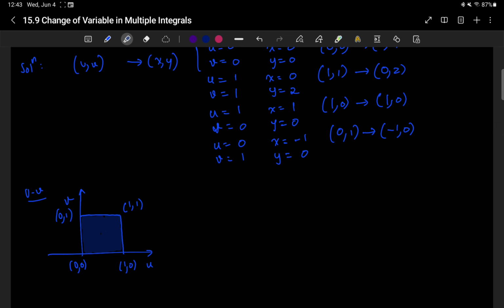So what we do in this case is we are going to break this down into sides. So we will look at this side, call it S1, then this side S2, then this side S3, and lastly this side S4. So when I am on S1, what is true? I am on the u-axis. So on the u-axis, v is 0 and u lies between 0 and 1. So x, which is u squared minus v squared, is simply u squared, and y is 2 times u times v, which is 0.